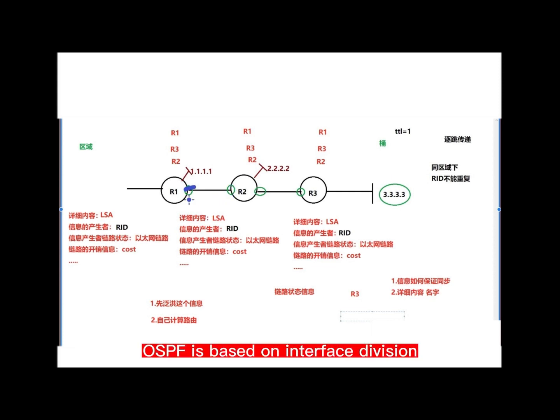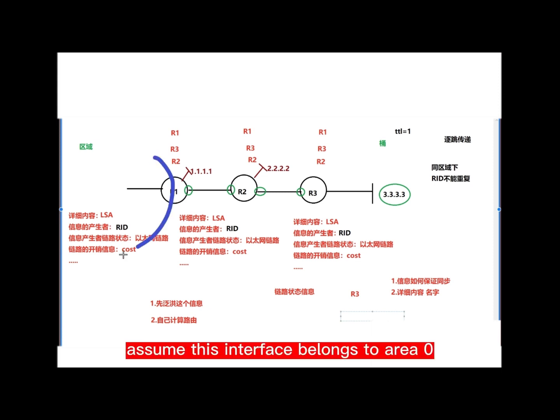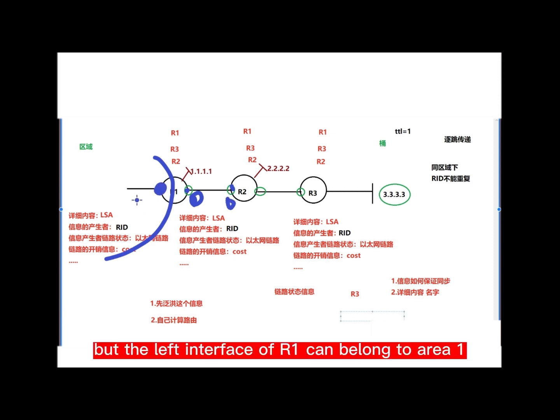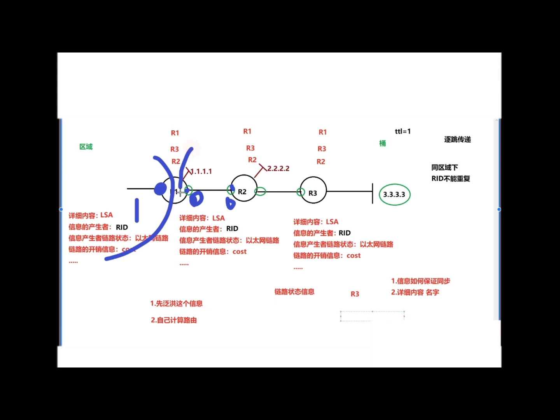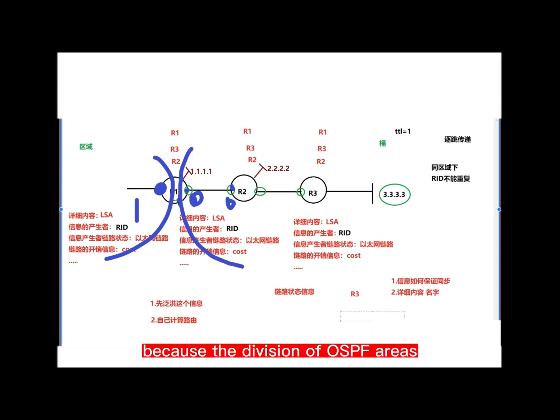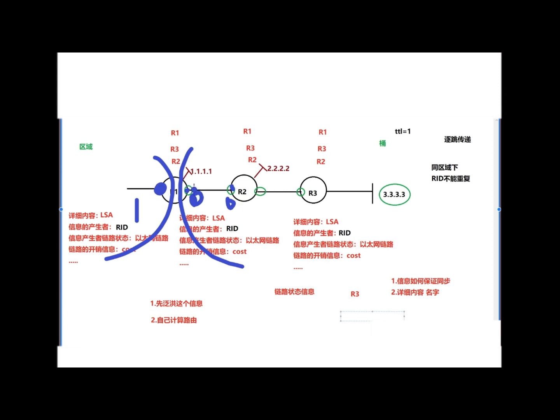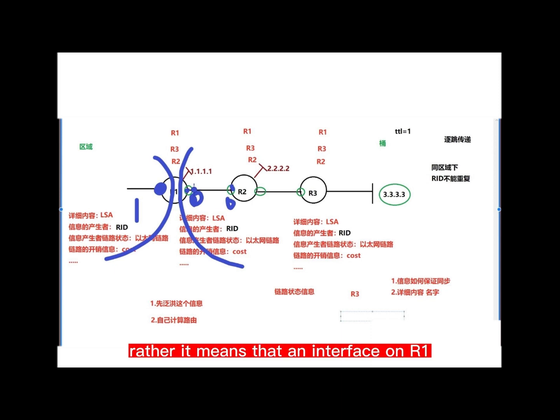OSPF is based on interface division. Assume this interface belongs to area 0, and this interface also belongs to area 0. But the left interface of R1 can belong to area 1. It's okay, because the division of OSPF areas is based on interfaces. We often don't say which area the device R1 belongs to, rather, we say an interface belongs to an area.